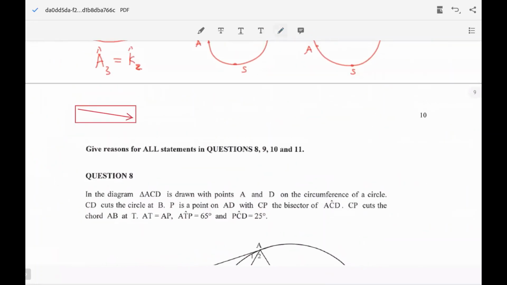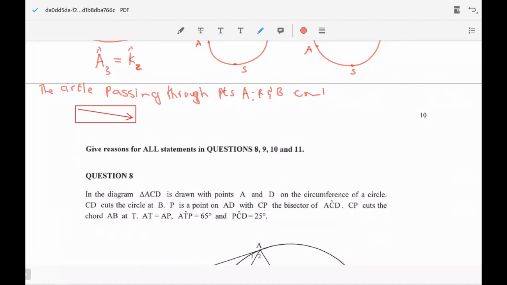So I can write this down. The circle passing through points A, K, and B, those 3 points, contains point S on the circumference.